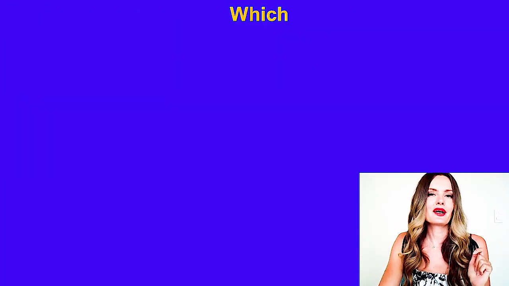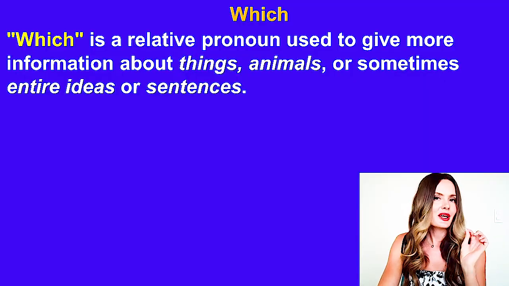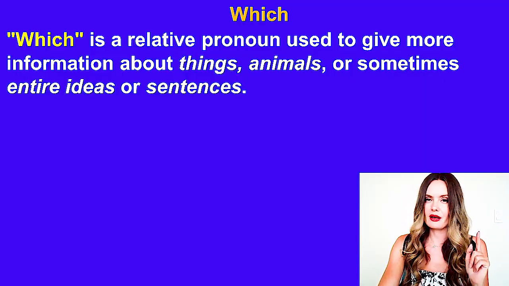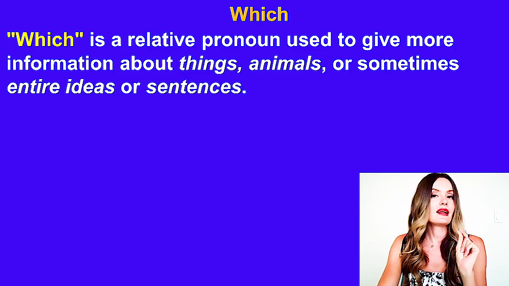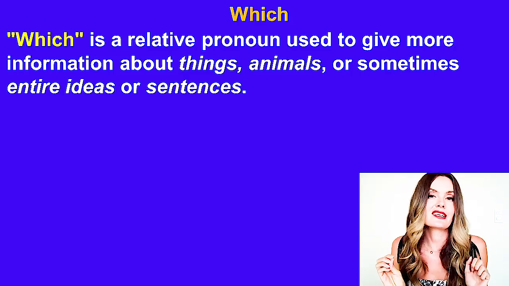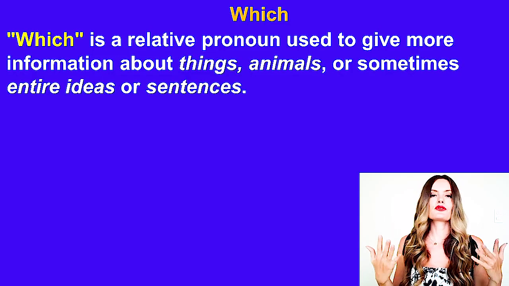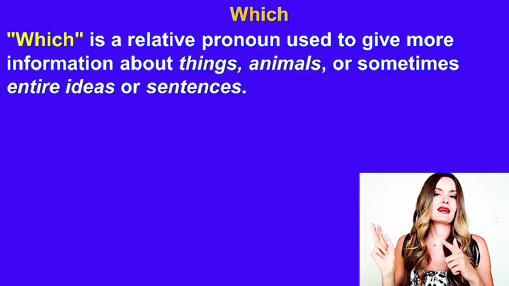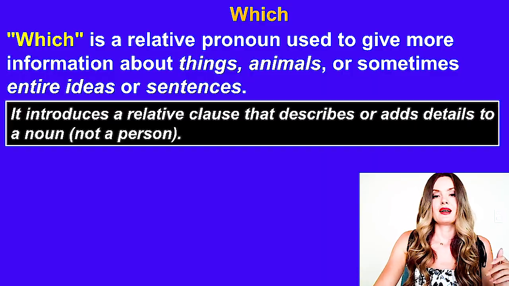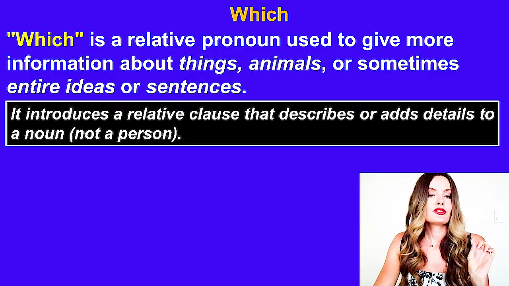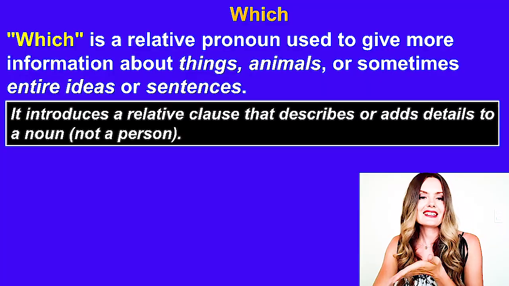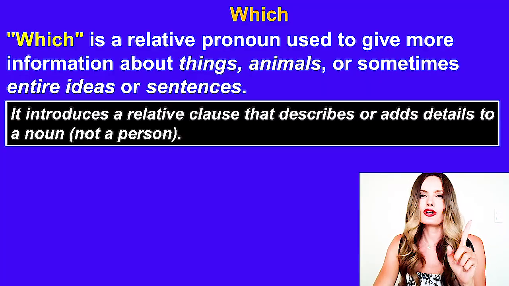Now let's talk about which. Which is a relative pronoun used to give more information about things, animals, or sometimes entire ideas or sentences. So we use which when we're talking about things, animals, entire ideas, or even sentences. Let's see what I mean. It introduces a relative clause that describes or adds details to a noun, but not a person.